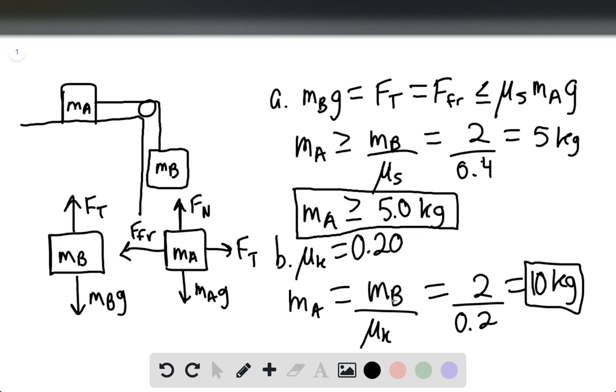So you would need to maybe increase the mass of the second mass, B, in order to start it moving, and then if the mass of A were exactly equal to 10 kilograms, at that point it would continue at a constant velocity. But again, for part A, the mass of A must be greater than or equal to 5 kilograms, and then for part B, the mass of A must be equal to 10 kilograms.